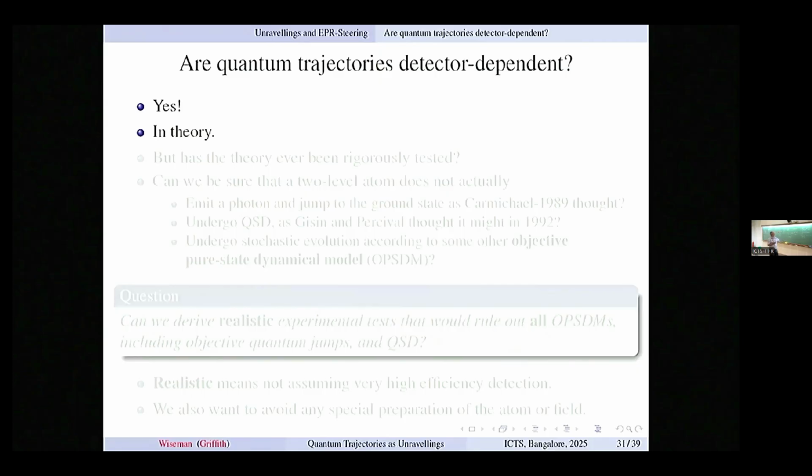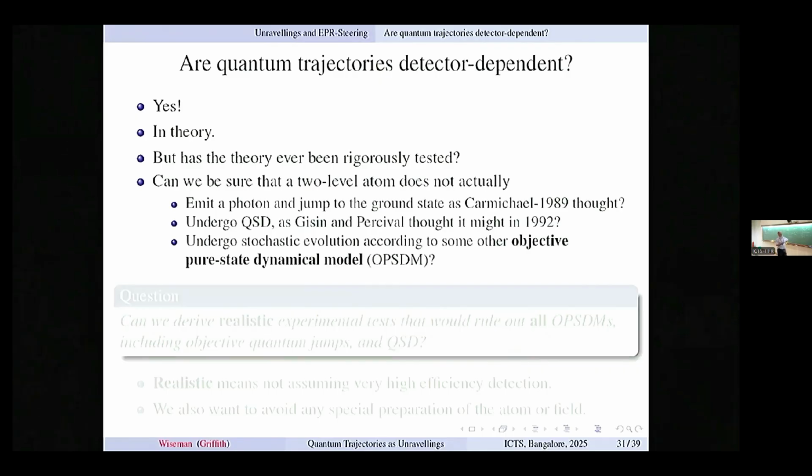We can say yes in theory, but has the theory actually ever rigorously been tested? Can we really be sure that a two-level atom, for example, doesn't really emit a photon and jump to the ground state, as Carmichael thought as late as 1989?